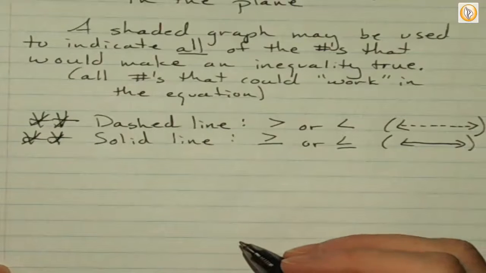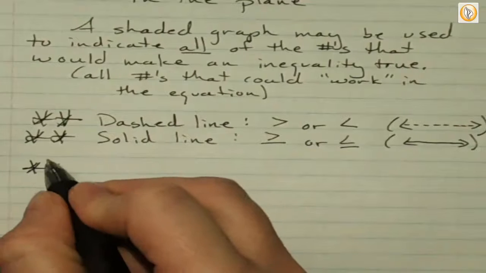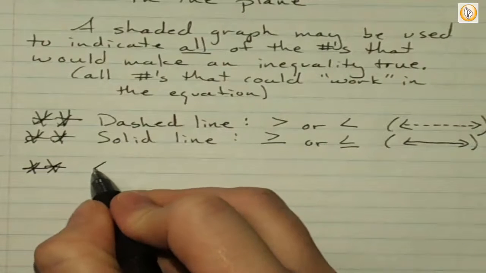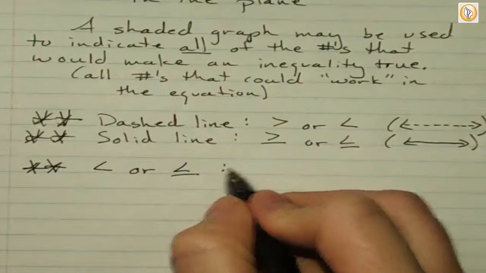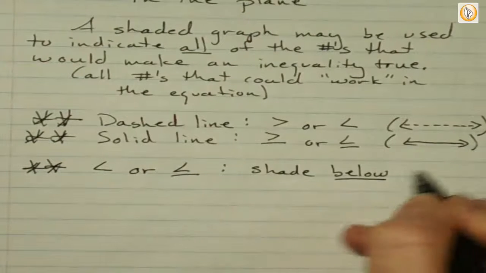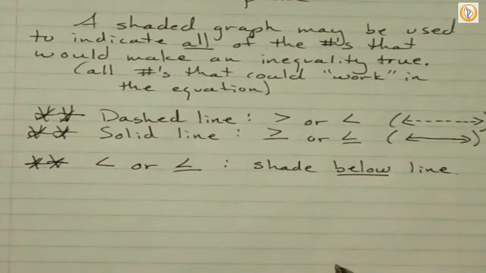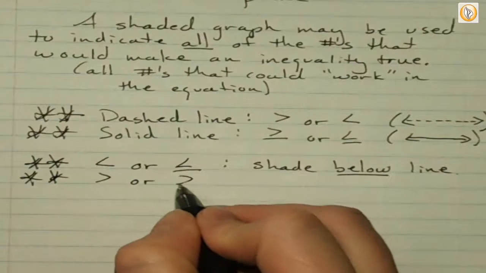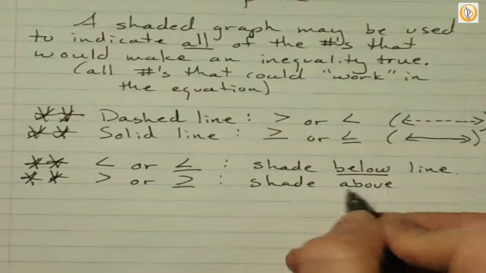Now, let's move on. Two stars here. If you have a less than or less than or equal to, you're going to shade below the line. If you have greater than or greater than or equal to, you're going to shade above the line.